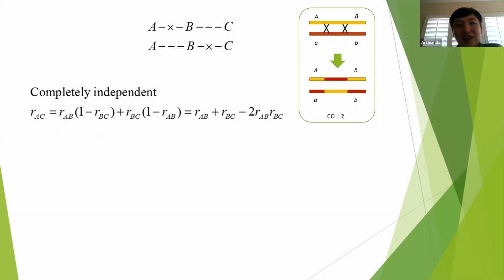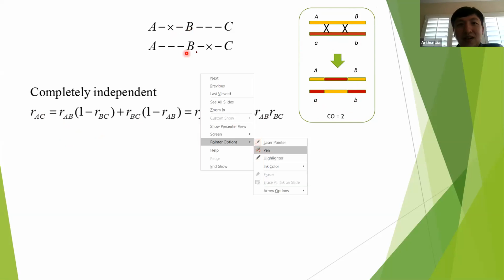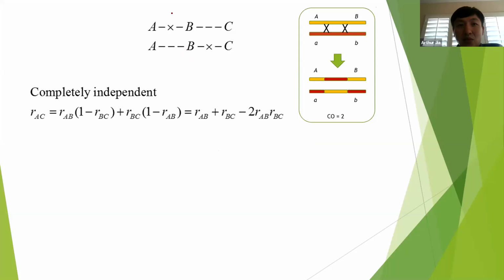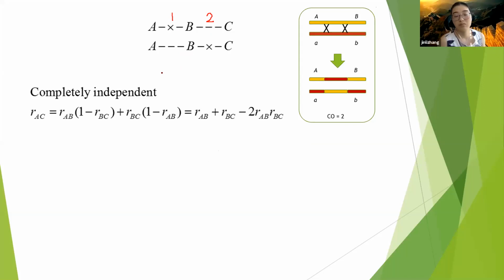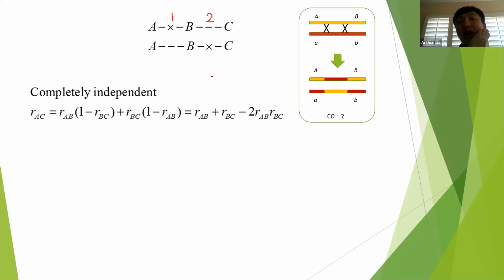So suppose we define this region as region 1 and this region as region 2. Okay, so in what situation can crossing over in these two regions cause a recombinant between A and C?